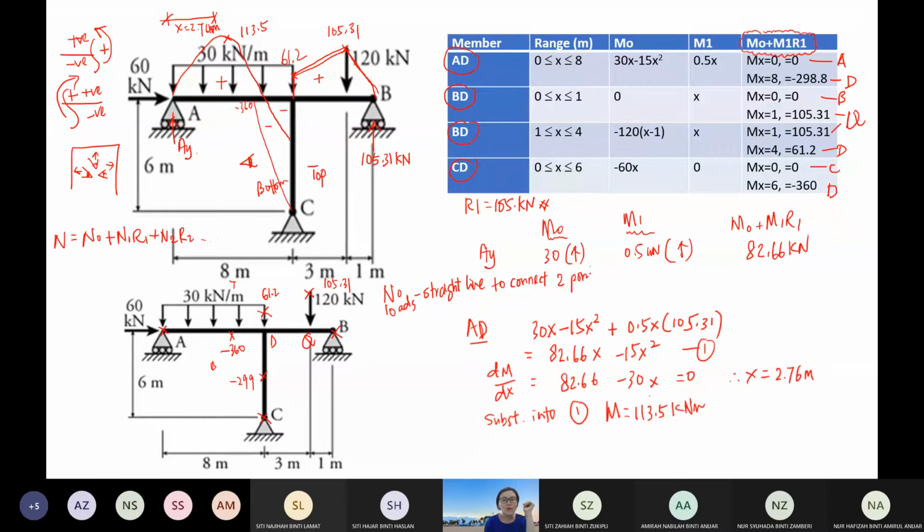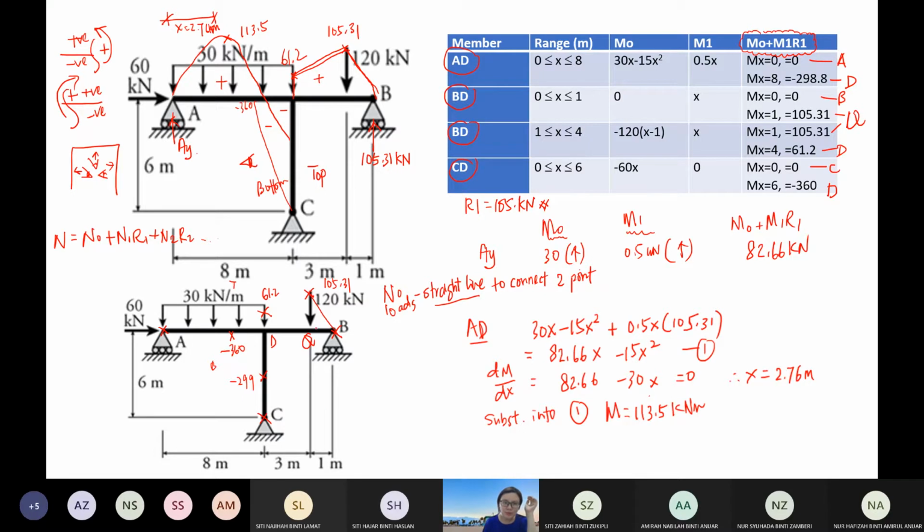So how do we know that it is a straight line? If you see span BQ, within this span there are no loads on the member BQ, so you can use a straight line to connect the two points. So now I'm connecting this.